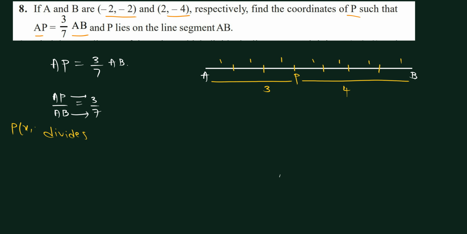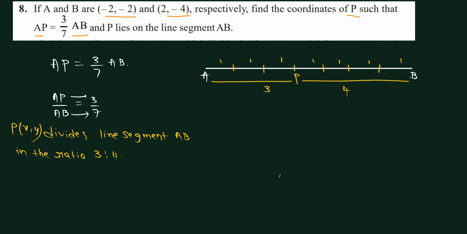P (x, y) divides the line segment AB in the ratio 3 is to 4.